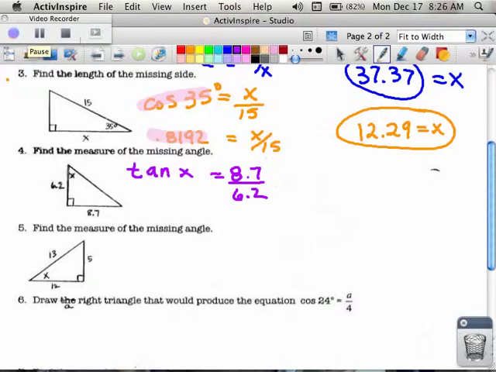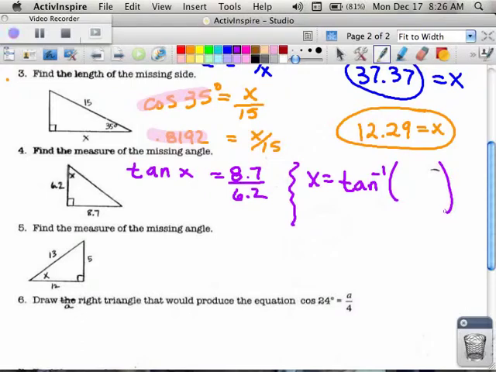Whenever you're looking for an angle, and you should write this down, whenever you're looking for an angle, you need to use the second button. So to find x, I'm going to say second tangent, which will bring this up on your screen. It's called the inverse tangent.